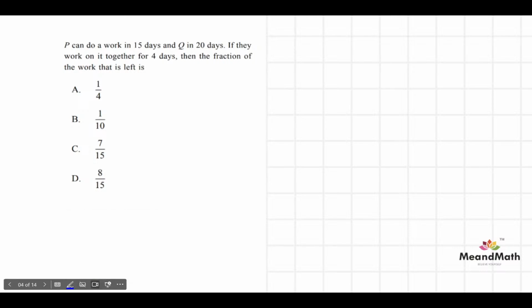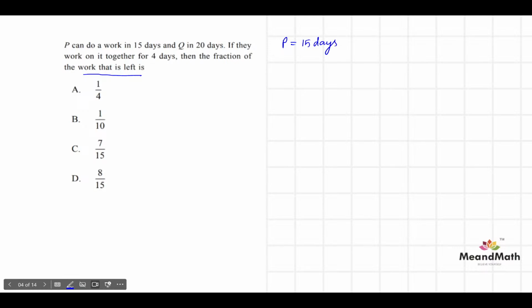Okay. P can do a work in 15 days. Q in 20 days. If they work on it together for 4 days, then the fraction of work that is left. Okay. We have to find out the fraction of work that is left. So P can do a work in 15 days. Like if alone P does the work, P is going to be taking 15 days.